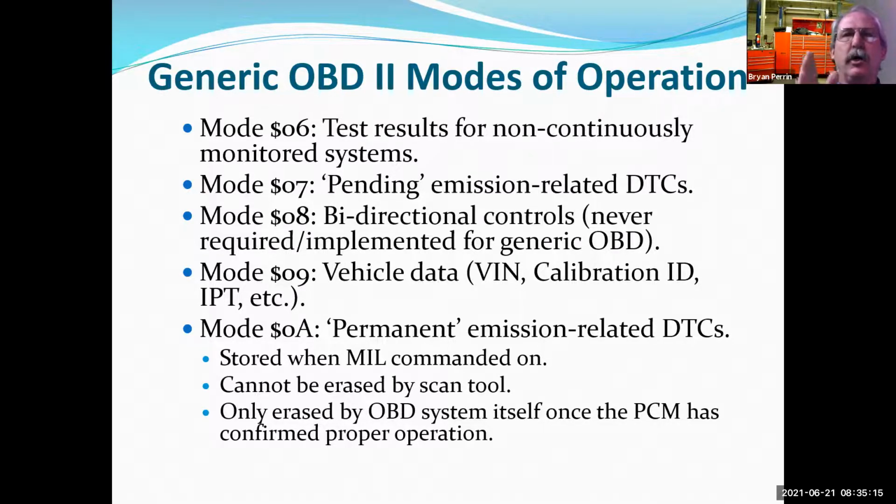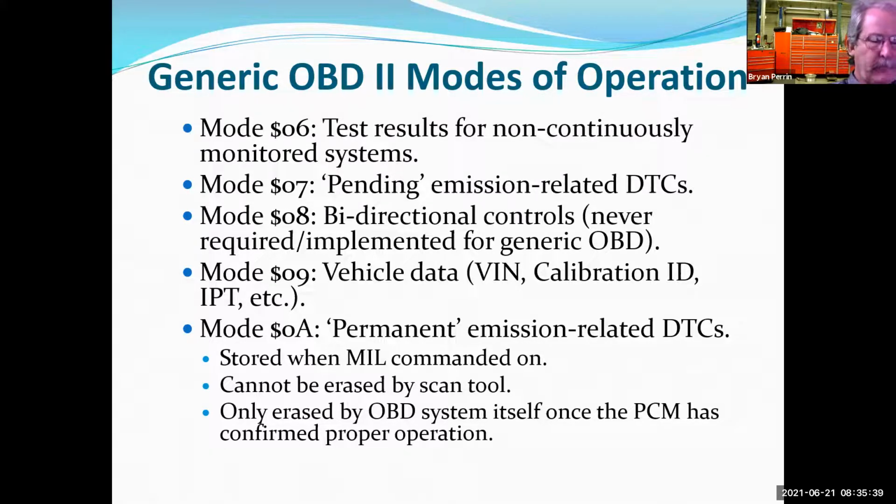So if I have a code, means I had a failure, I can go into mode 6 potentially, if it is a supported test, and see exactly how bad did I fail. Did I fail by 1 point, or did I fail by a lot of points? Is the system barely out of specifications, or is it dead?